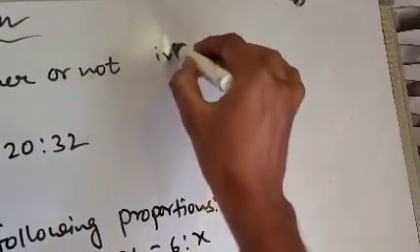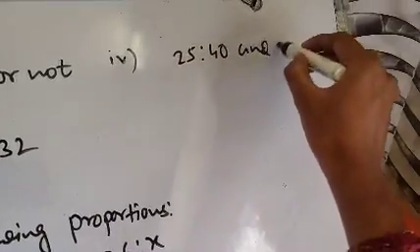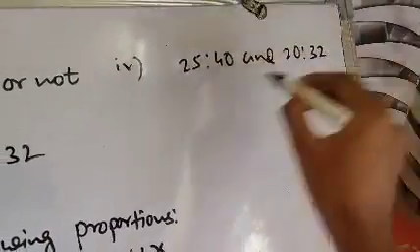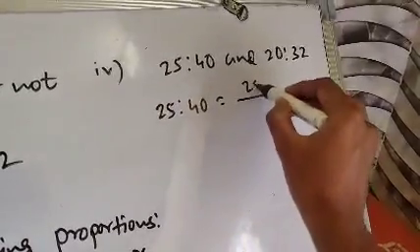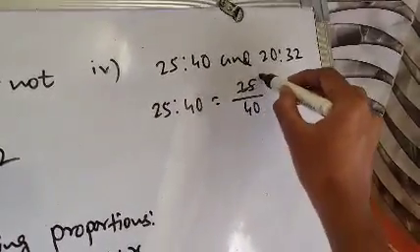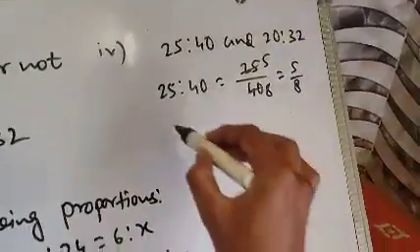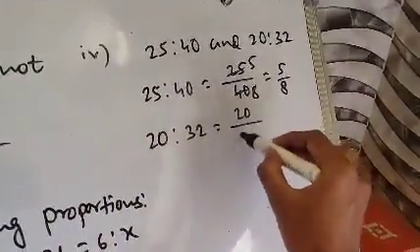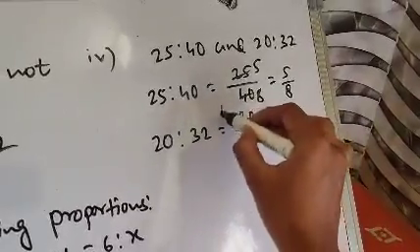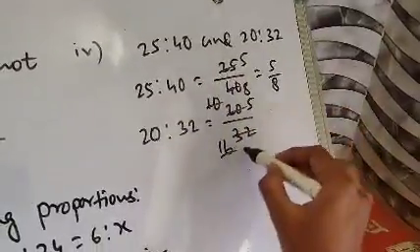Next question. Question number 4. 25:40 and 20:32. So 25:40 means 25 by 40, reduced by 5. This is 5 by 8. 20:32 means 20 by 32, reduce it by 2, 2 tens are 20, 2 16s are 32, reduce it again by 2, 2 5s are 10, 2 8s are 16.